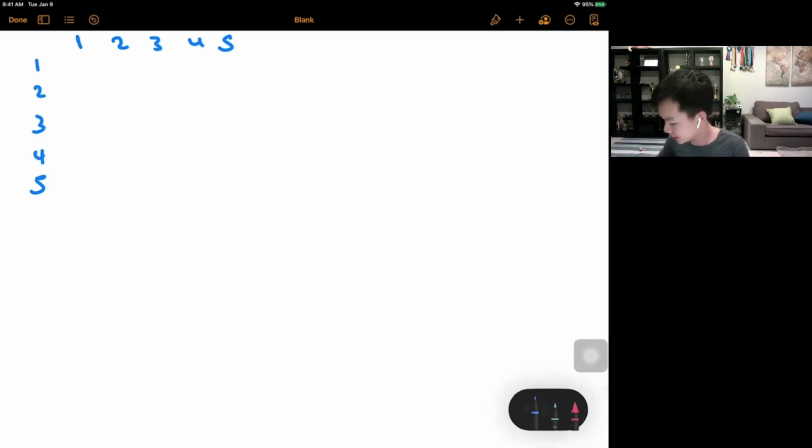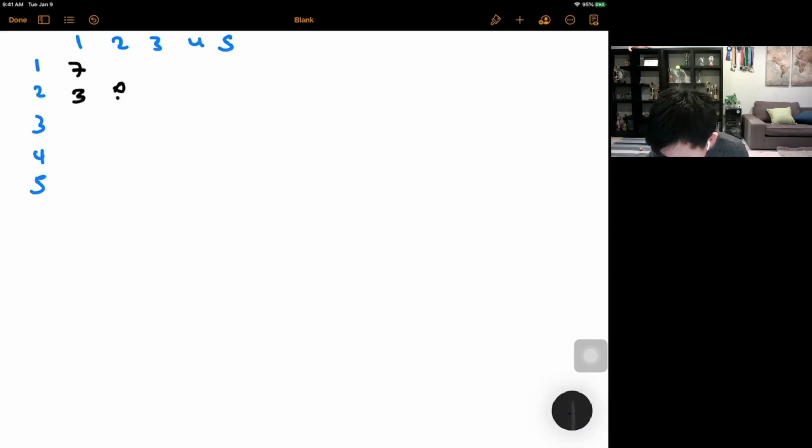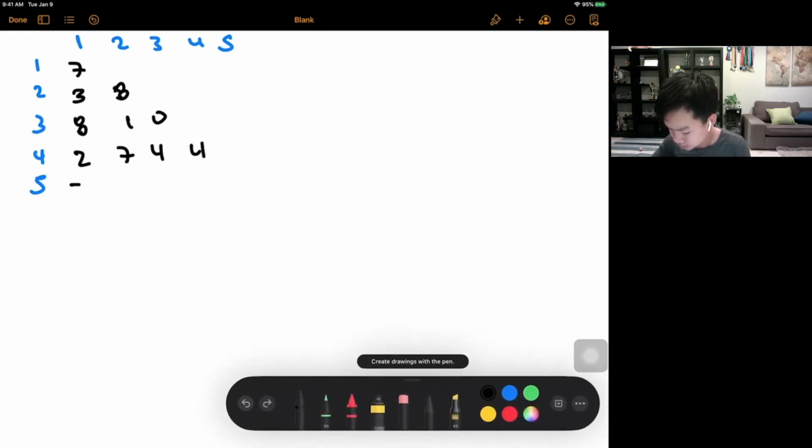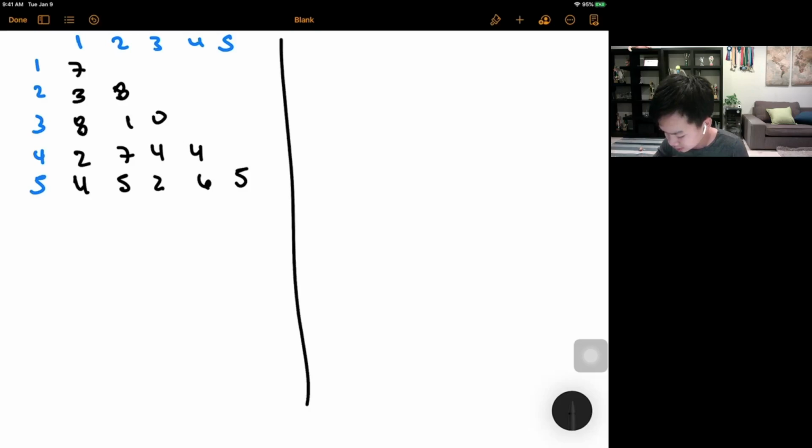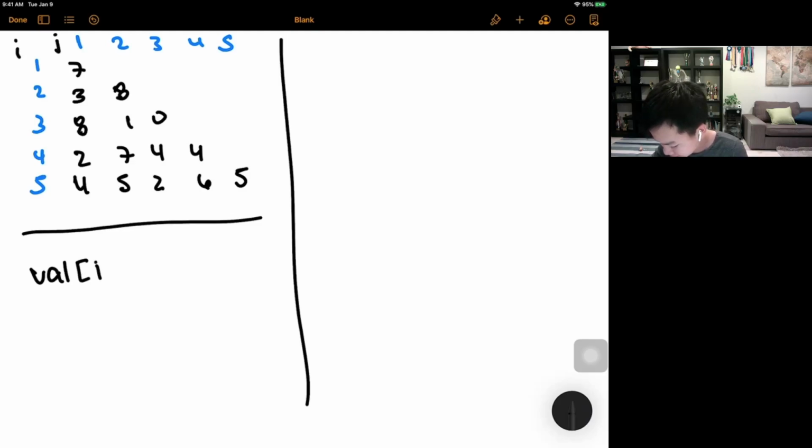Our values are 7, 3, 8, 8, 1, 0, 2, 7, 4, 4, 4, 5, 2, 6, 5. Let this be denoted as the value of ij, where i is the row and j is the column.